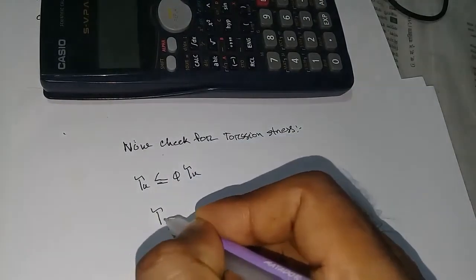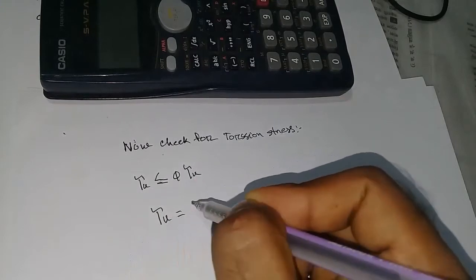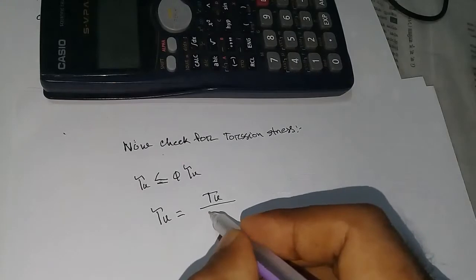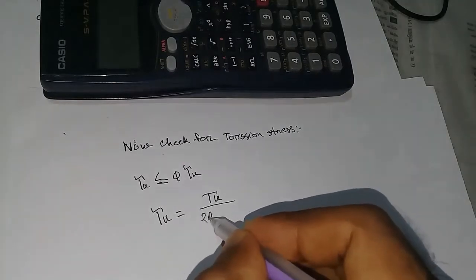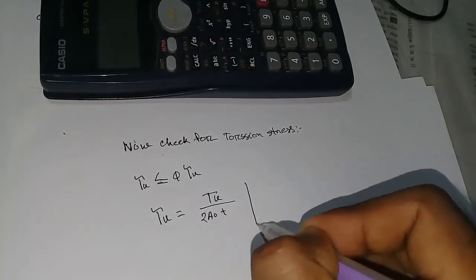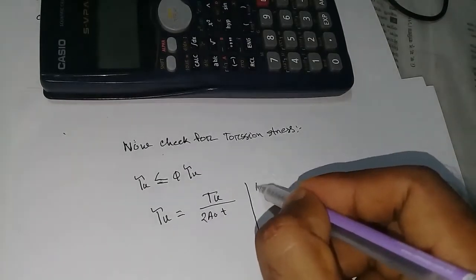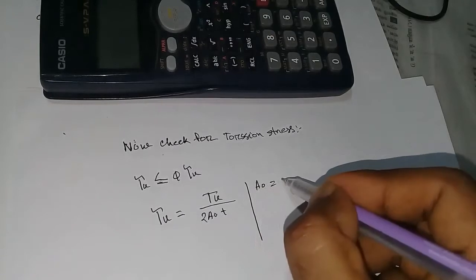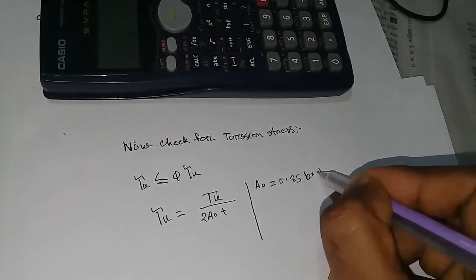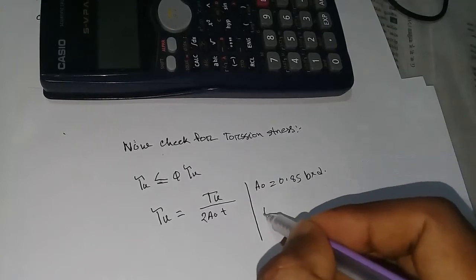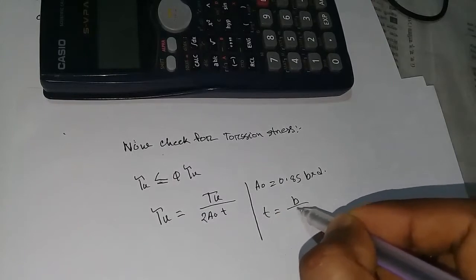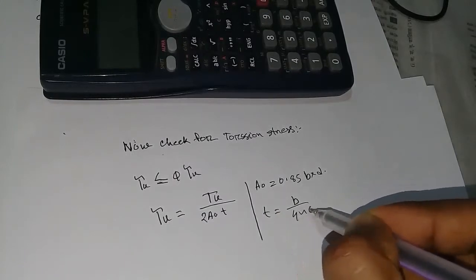So tau u equals Tu divided by 2 A0 t. Here A0 equals 0.85 b into d, and t equals b divided by 4 to 6.